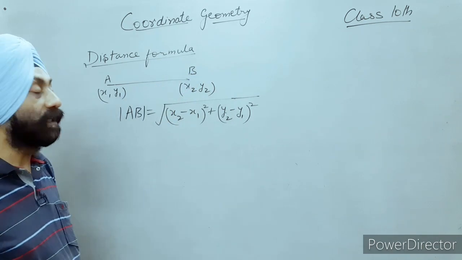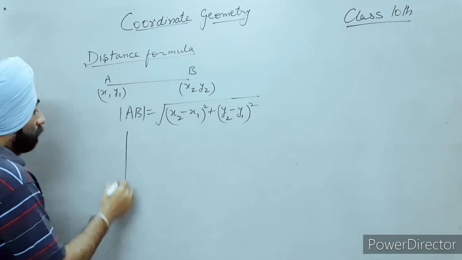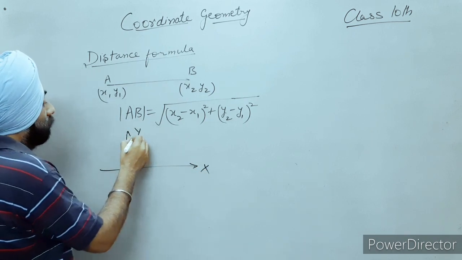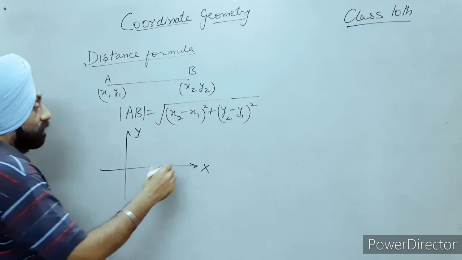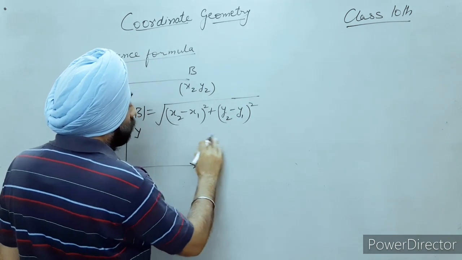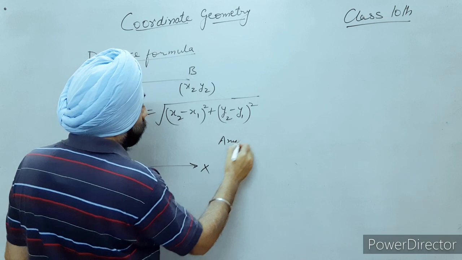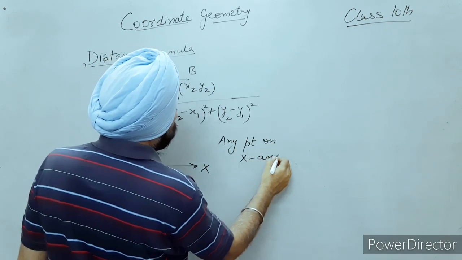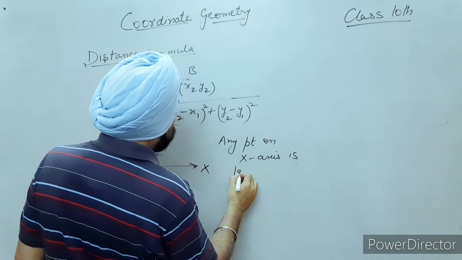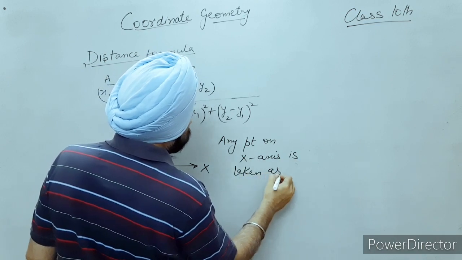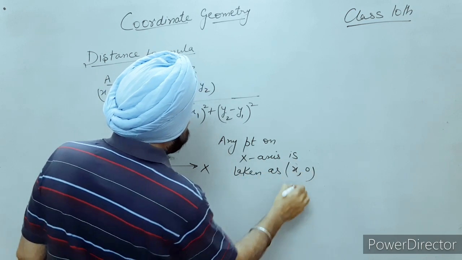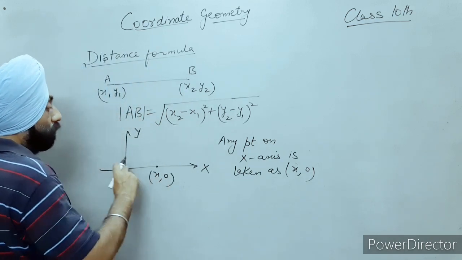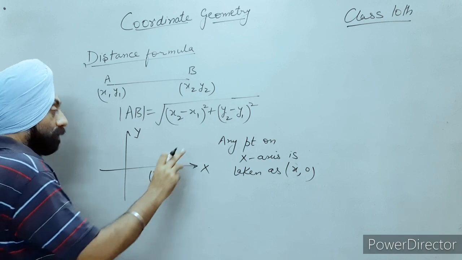One more thing I want to tell you, any point on x-axis is taken as x comma 0, because the ordinate is 0 on the x-axis.